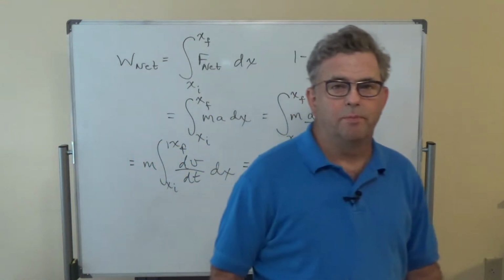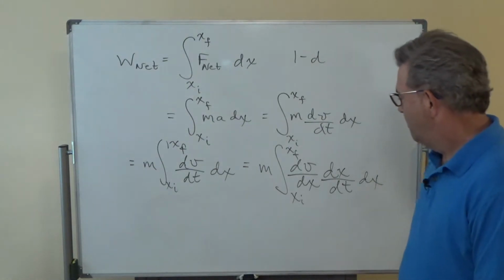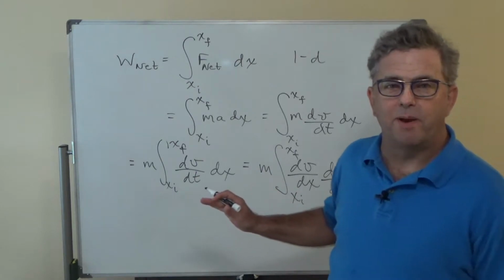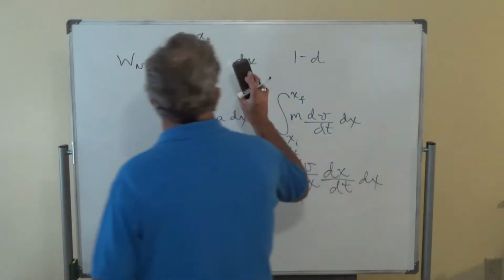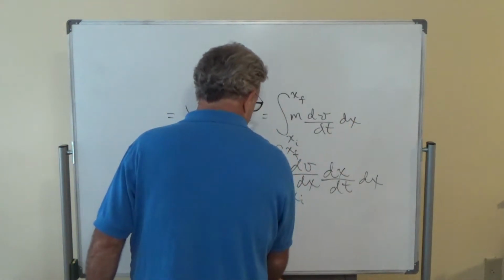So this looks like a little bit of calculus trickery. For us in physics, this is okay. Mathematicians get nervous about this kind of thing, but we're going to go ahead with it. Okay.